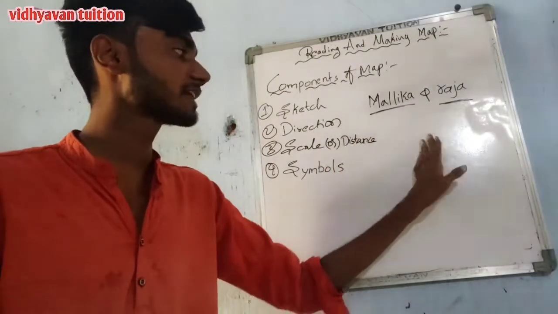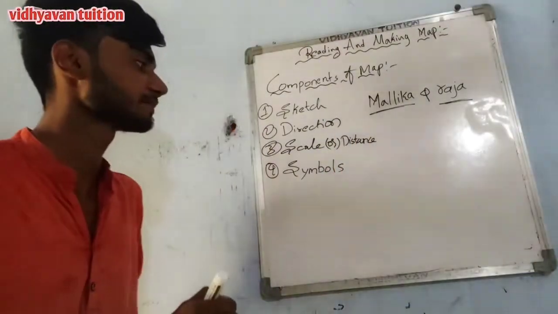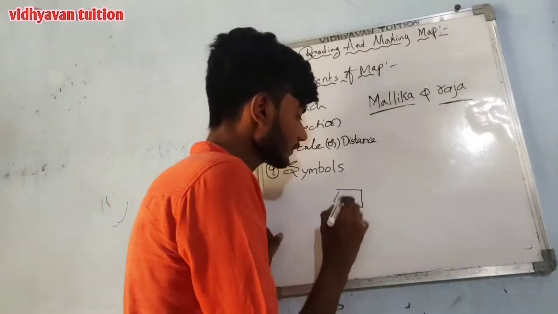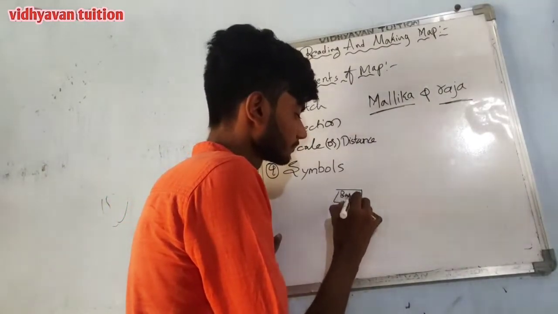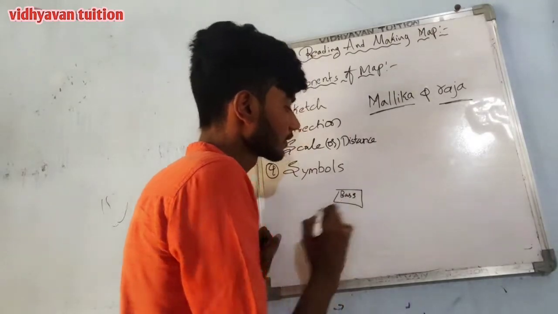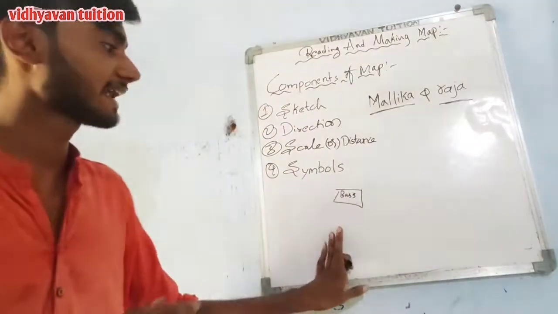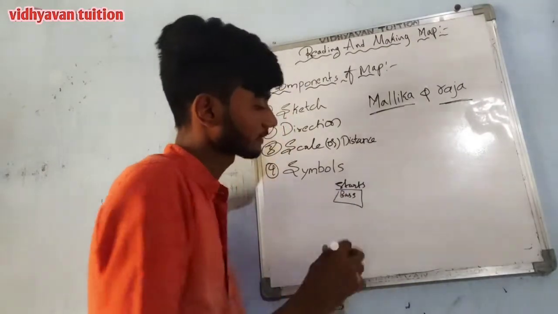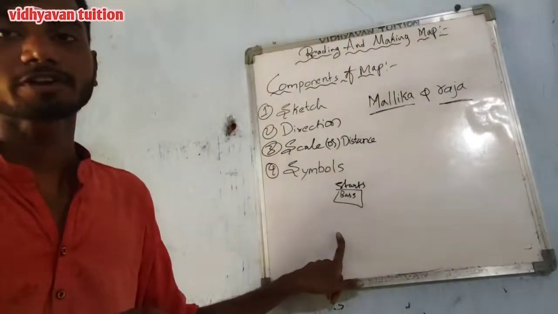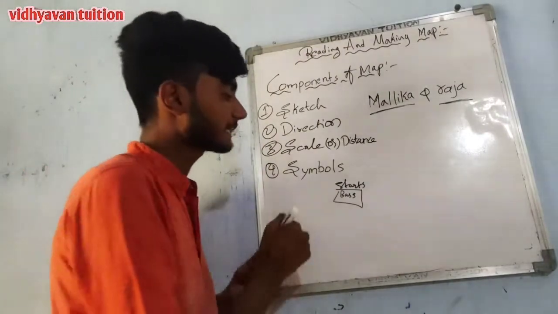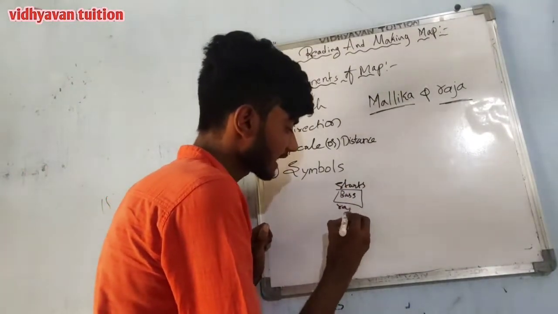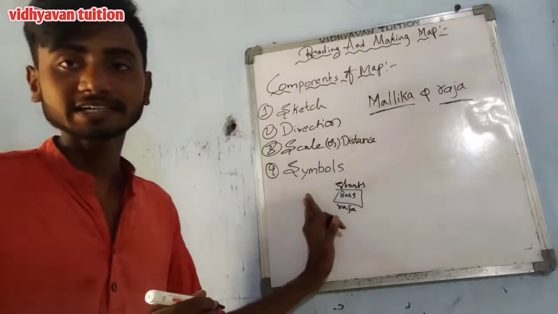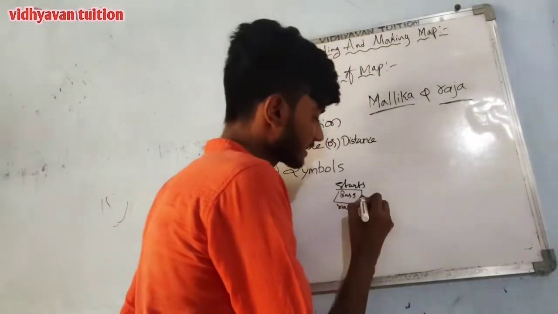How to draw that type of sketch, now I will say. Suppose this is a bus stand. They have started from here. Raja started from the bus stand, then where does he have to go?